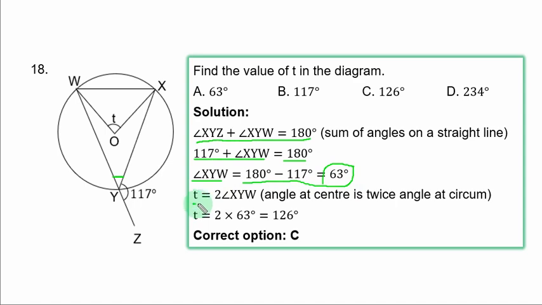Angle T is equal to 2 times angle SYW. Angle at center is twice angle at circumference. So T is equal to 2 times 63 degrees, and that is 126 degrees. C is the correct option.